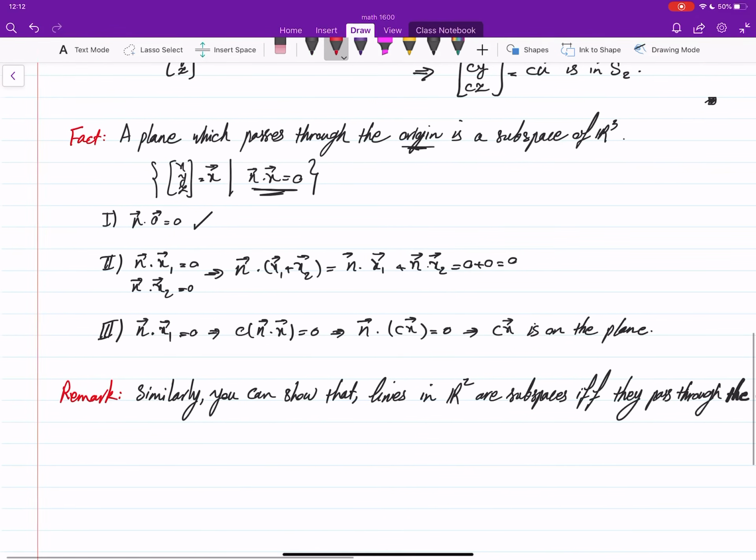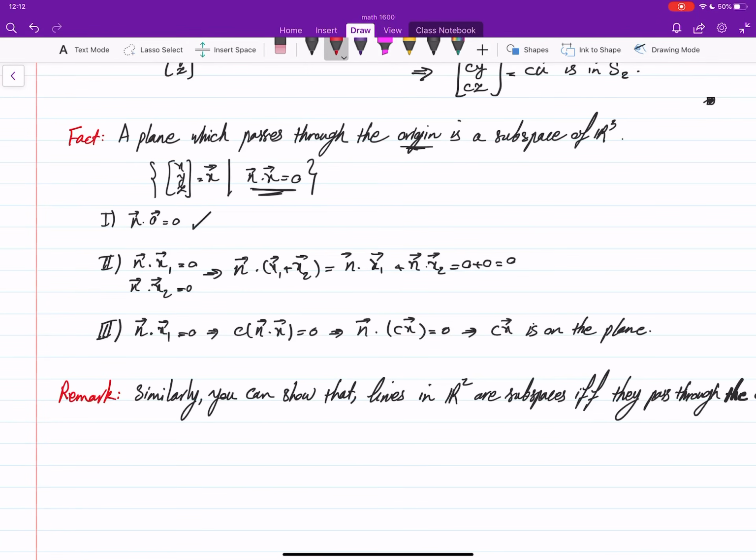And I will leave this one as an exercise for you: you need to show that lines in R3 are subspaces if and only if they pass through the origin. It's interesting to know that basically these are the only subspaces we have.